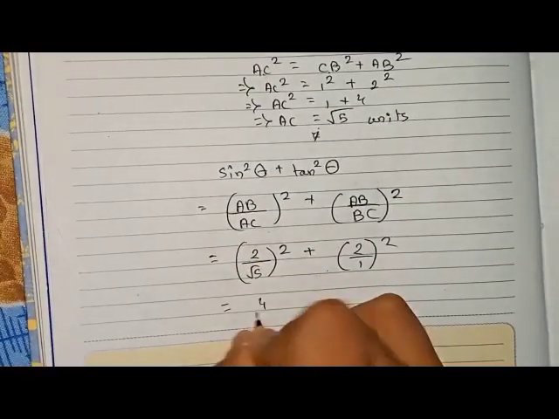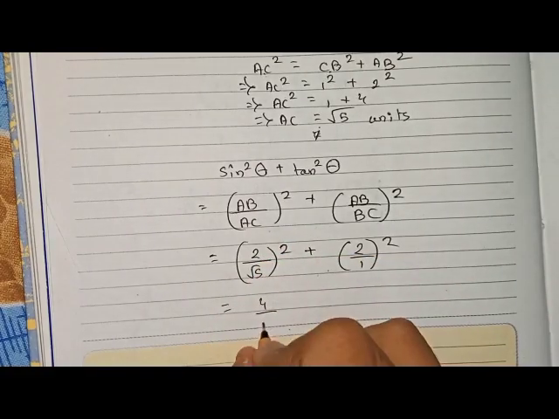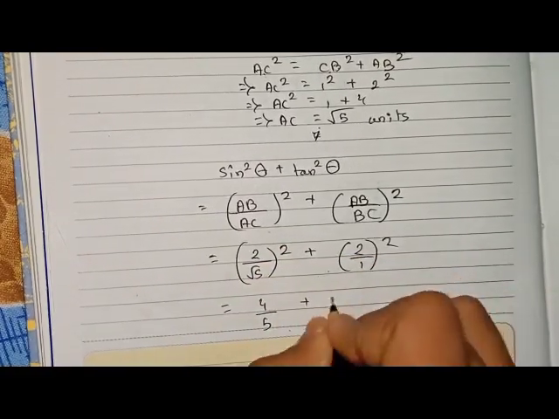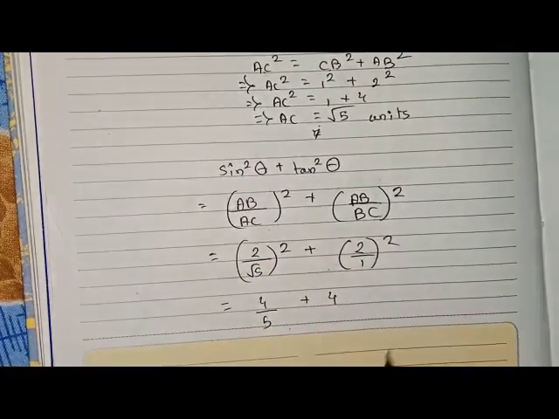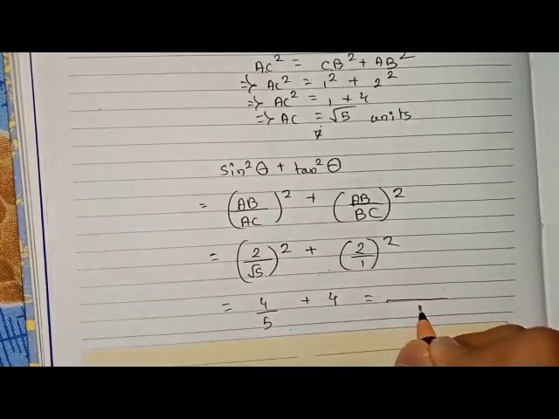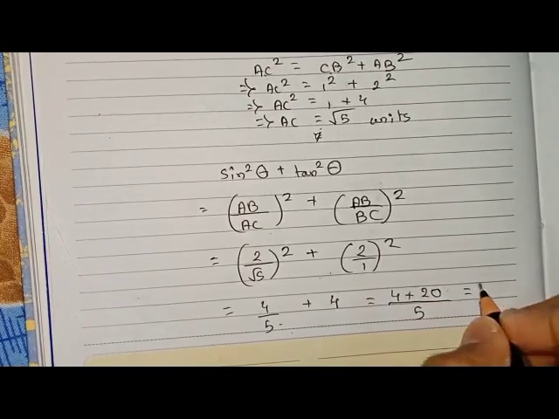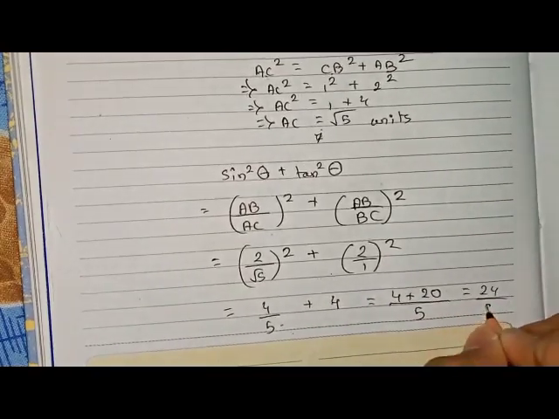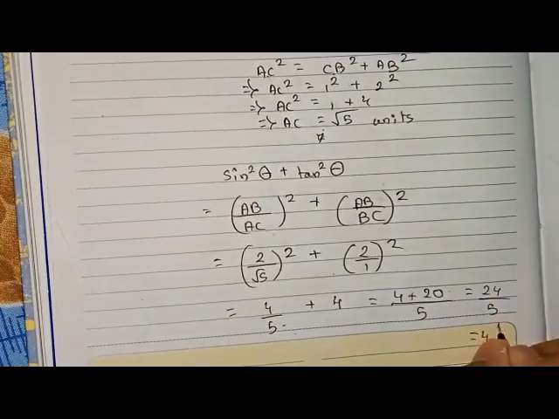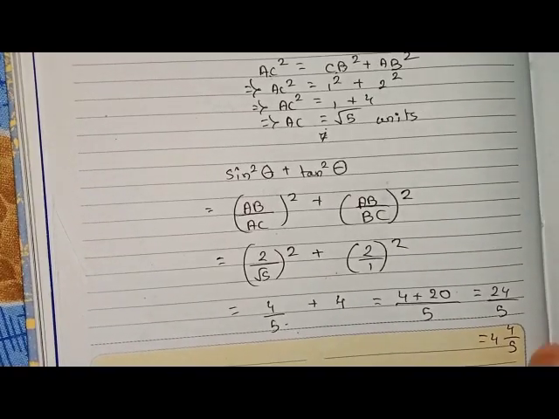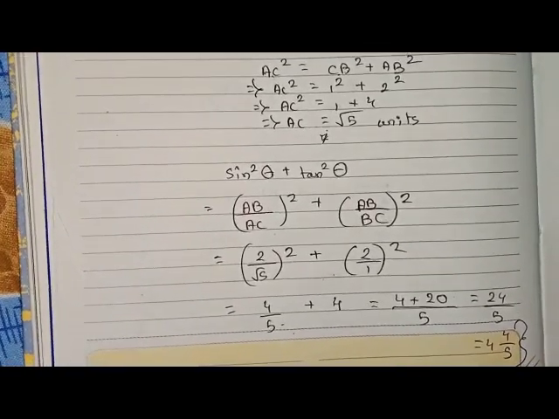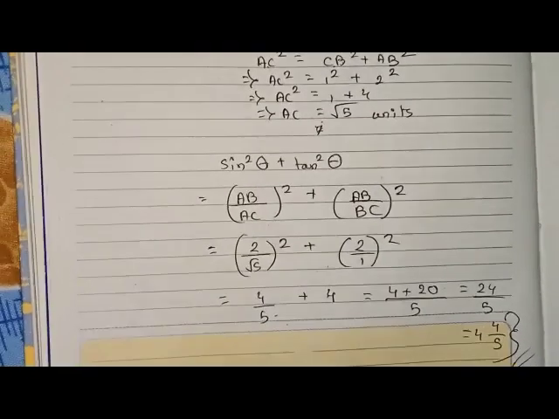So 2 squared is 4, over root 5 into root 5, that is 5, plus 4. 4 plus 5 4s are 20. That will be equal to 24 by 5, which is 4 whole 4 by 5. We take it as a mixed fraction, so this will be the final answer for this question. So let's move on to the next question.